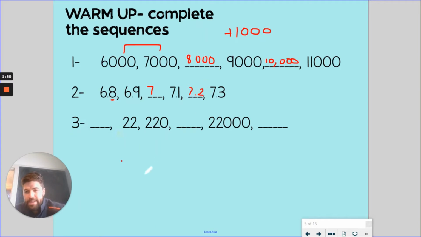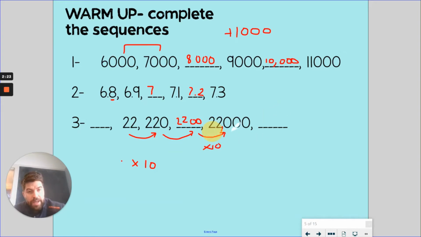Now the third sequence, what's changing? There's only one gap that we can spot it. We get from 22 to 220. We are multiplying by 10. And we can see that because if we multiplied by 10 here, 220 would become 2,200, and then we can spot, yeah, look, that multiplied by 10 would be 22,000.